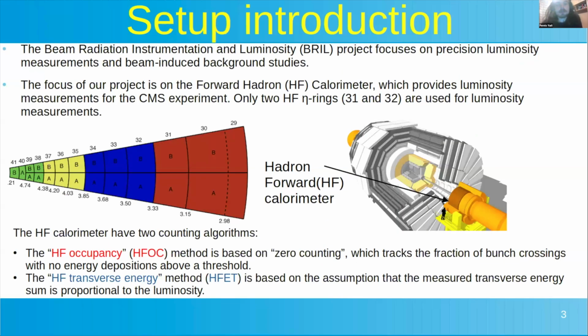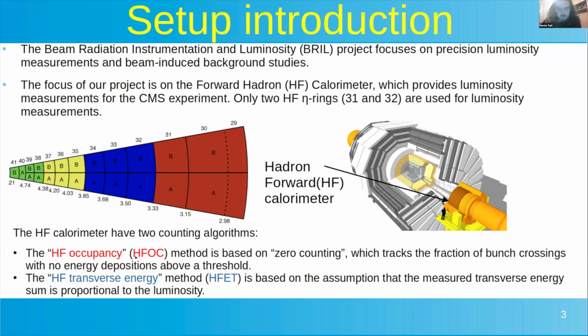The Brill project, or the Beam Radiation Instrumentation and Luminosity project, focuses on precision luminosity measurements and beam-induced background study. The focus of our project is on the forward hadron calorimeter, as you can see here in the picture, which provides luminosity measurements for the CMS experiment. Only two of the hadron forward rings are used for luminosity measurements. Therefore, the hadron forward calorimeter has two counting algorithms.